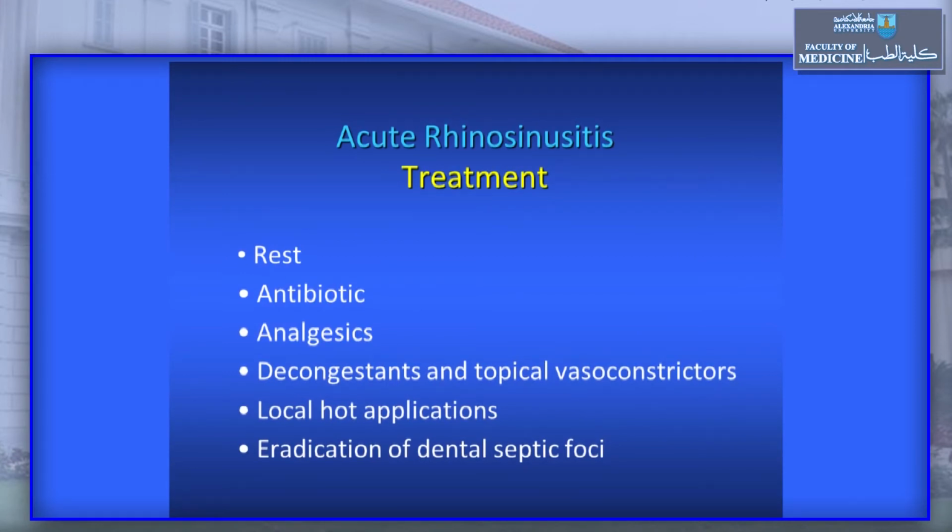How to treat a patient with acute rhinosinusitis? Treatment includes rest, appropriate antibiotic therapy for 10 days, analgesics, decongestants, local hot applications, and if the patient has an obvious dental septic focus, the patient should be sent to a dentist to eradicate any dental septic foci.